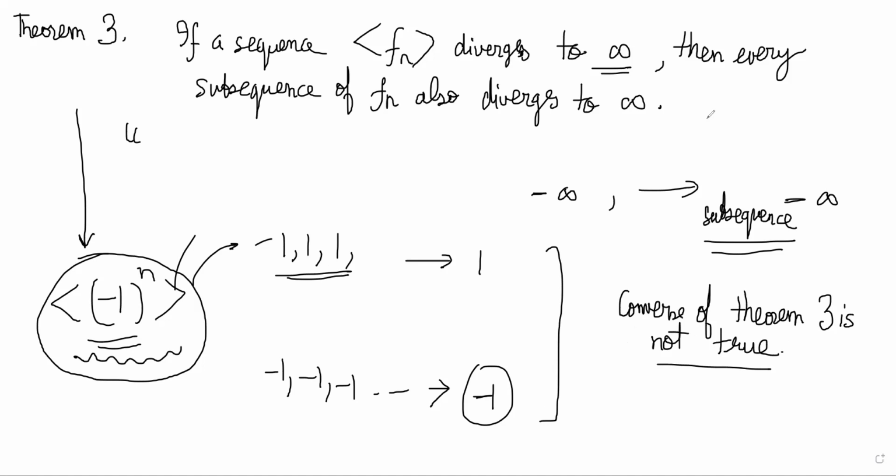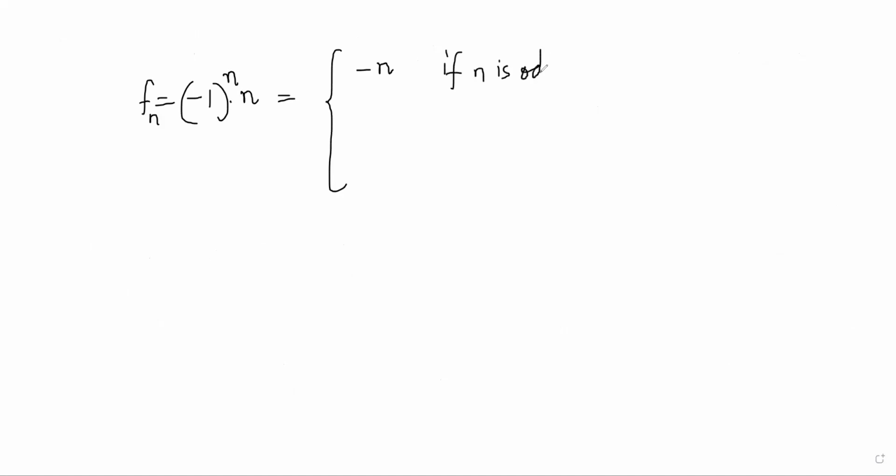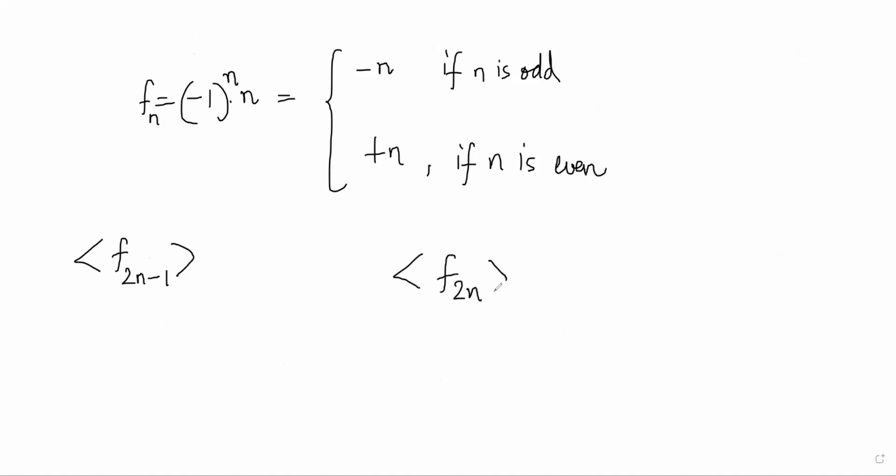For example, consider the sequence Fn equal to (-1)^n times n, which is basically minus n if n is odd and plus n if n is even. So it has two subsequences, the odd subsequence and the even subsequence. The odd subsequence is clearly going to diverge to minus infinity, and the even one is diverging to plus infinity.